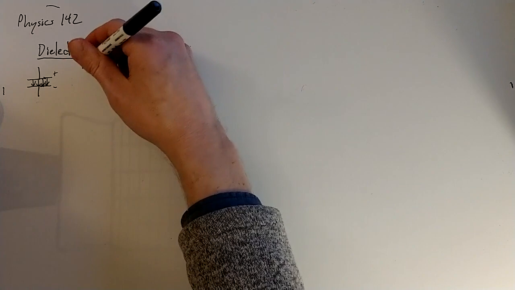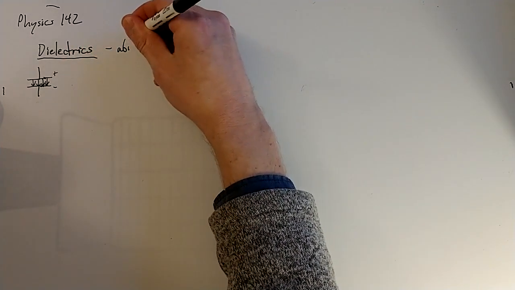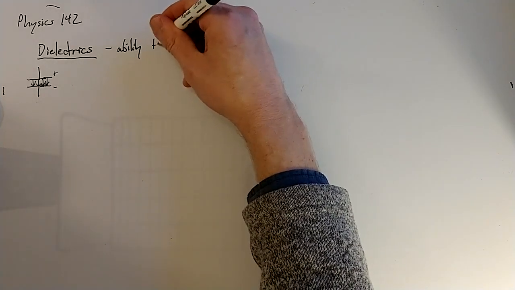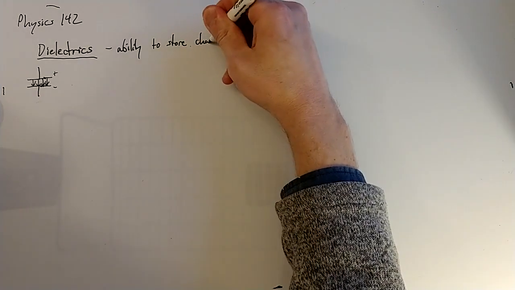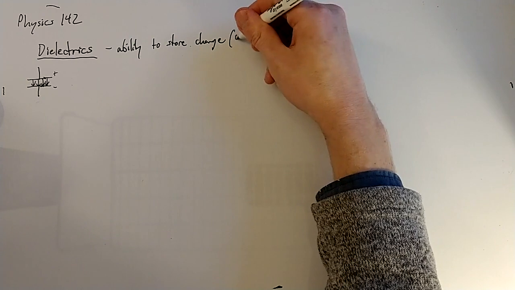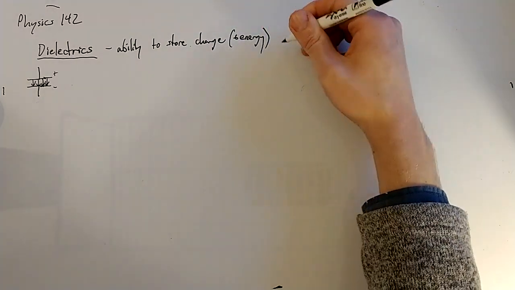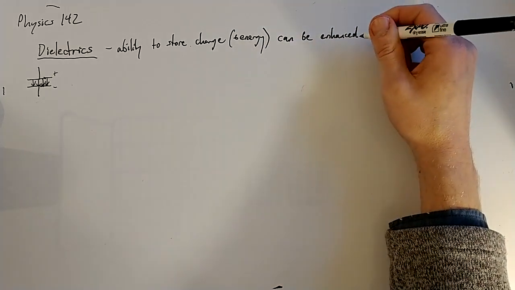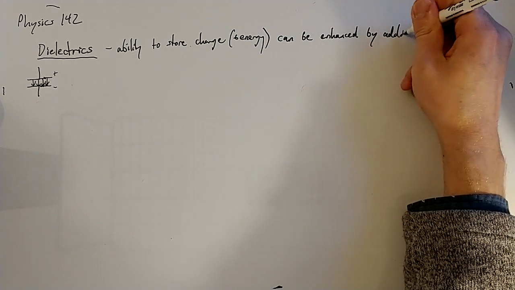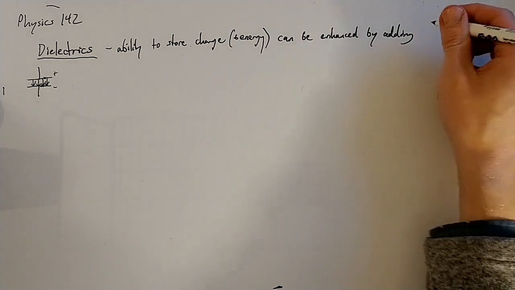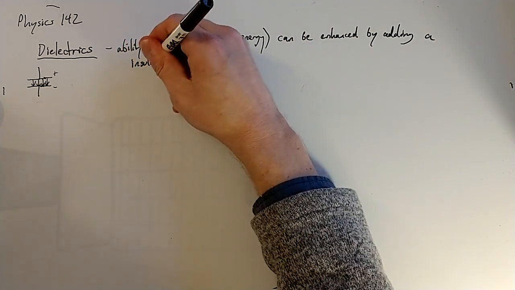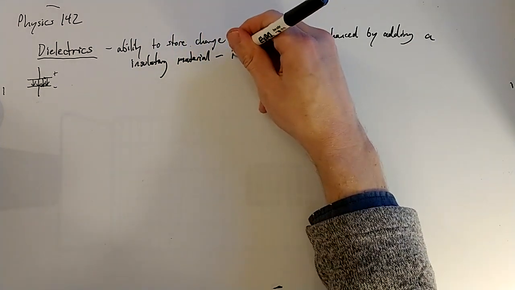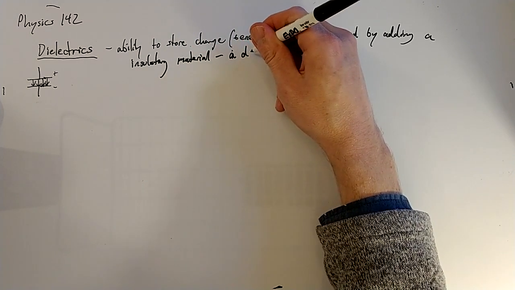So what we can say about dielectrics is that the ability of a capacitor to store charge, and thus energy, can be enhanced by adding a dielectric, some sort of insulating material, i.e. dielectric.